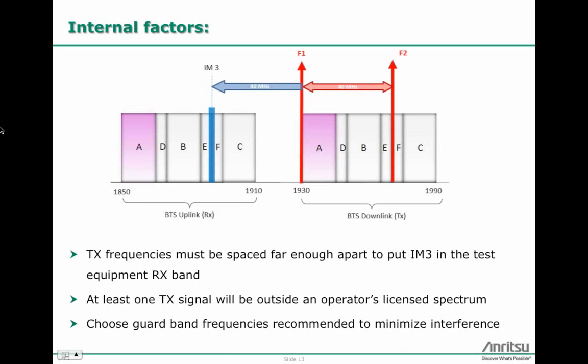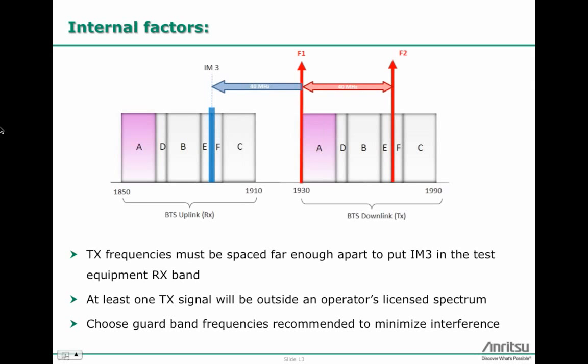Okay, now that said, once I am within the range of that particular system, I have to be able to space the two transmit signals far enough apart to make that IM3 signal fall within the receive band. If you look at what's shown above, the math works out that whatever the frequency separation is between F1 and F2, that's how far away F3 is.